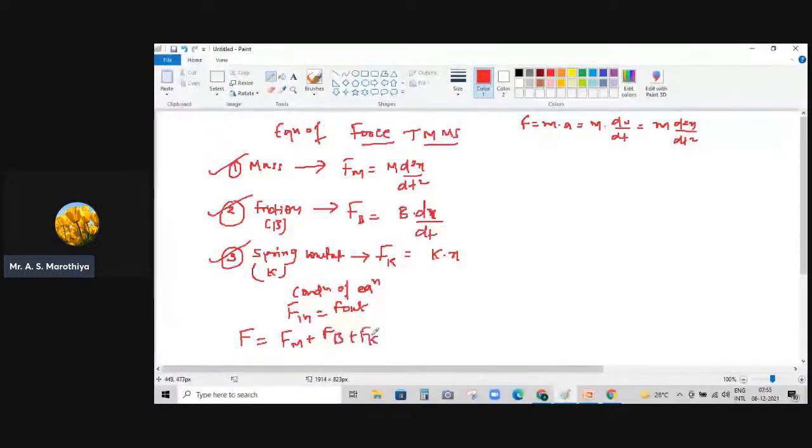This is very important. This is the equation of force at equilibrium condition in case of translatory motion type mechanical system. The same logic we can apply in case of rotational motion type mechanical system. So how to write that? Let me erase this.